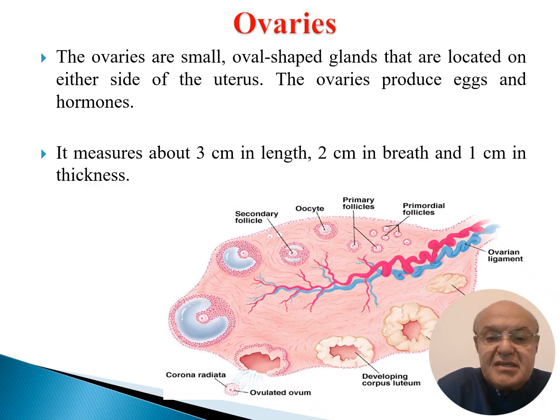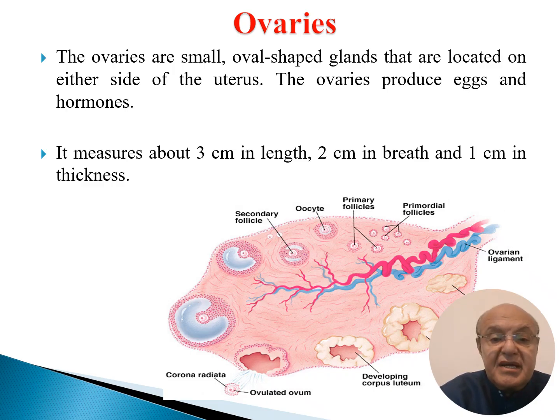If pregnancy does not happen, the corpus luteum will undergo atresia to become the atretic follicle or corpus albicans. And this corpus albicans forms a fibrous part of the ovary which secretes androgens.